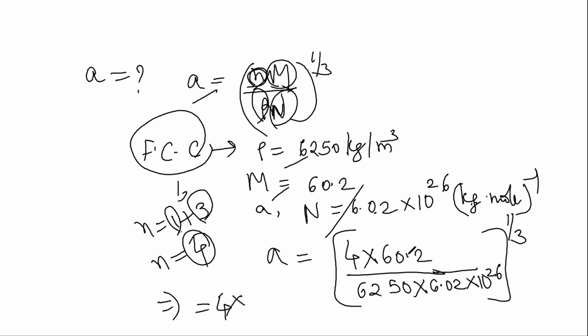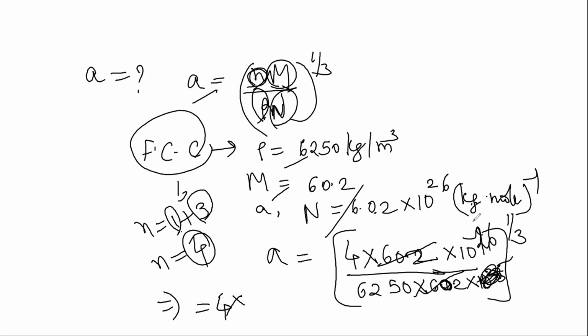No, this is 60.2, so I'll remove this 0. 60.2 into 10 power 25. Okay, remove this 0 into 10 power minus 1. So 602 gets cancelled, and 10 power 25. So if it comes up, it will become 10 power minus 26.